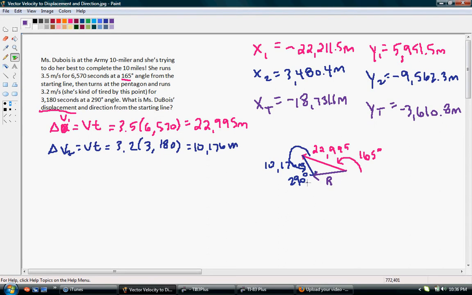To figure out how far r is, we're going to use the Pythagorean theorem, a squared plus b squared equals c squared. Our resultant will be equal to the square root of negative 18,731.1 squared plus negative 3,610.8 squared.